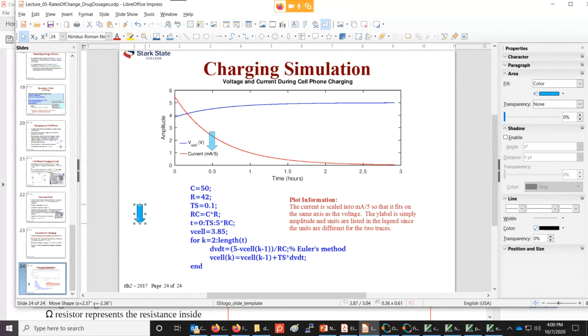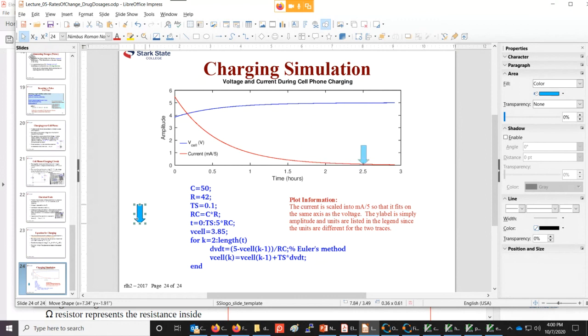However, the current was in milliamps, and to get it to look okay on the plot, I had to divide it by 5. So the units of the red is milliamps divided by 5. And I did that so that I could fit them both on the same graph.